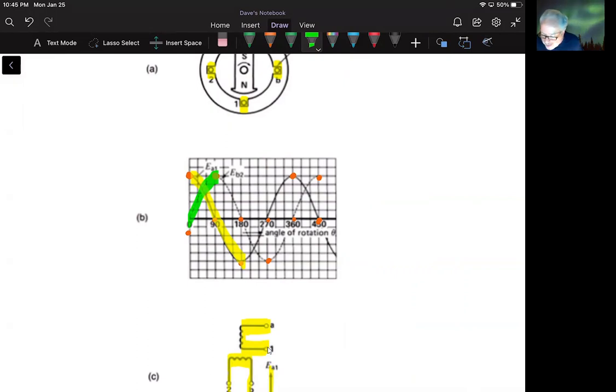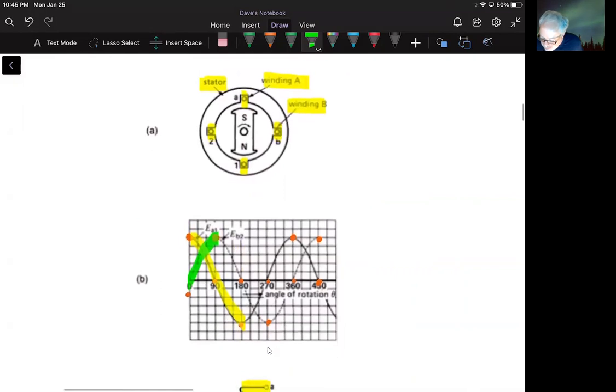And then, as I looked at this, let me clean this up some. If I'm here at winding A, and this rotating magnet is at that point, then the maximum flux is being presented to coil A, and that's why you're going to see it peak at that point.